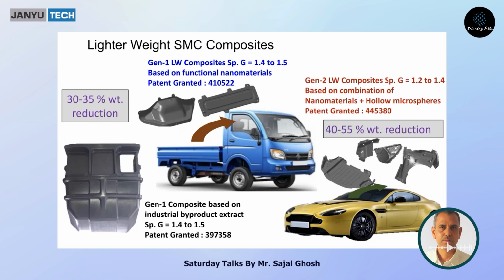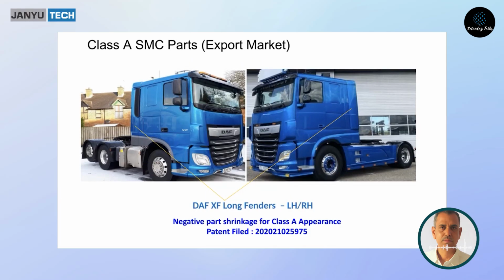But for the areas where it is not so important, it has been commercialized, and there are 3 patents filed, all 3 patents have been granted, and these are being used practically. And then class A finish SMC. So I can say the diversity in SMC function, the diverse functions we can incorporate in the formulation, that is the major strength of SMC.